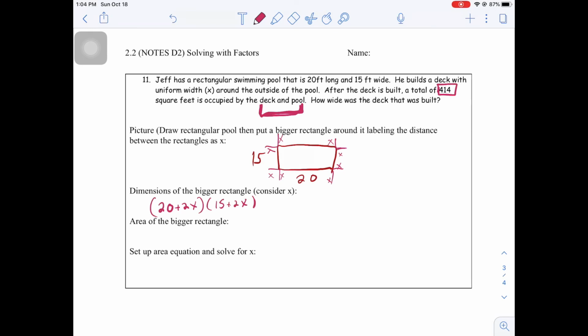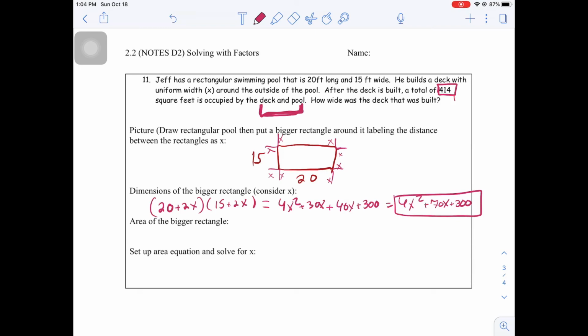Okay, so what's that going to give us? That's going to give us 4x squared plus 30x plus 40x plus 300, which would be 4x squared plus 70x plus 300. So here's the dimensions of our bigger rectangle when we multiply them together.